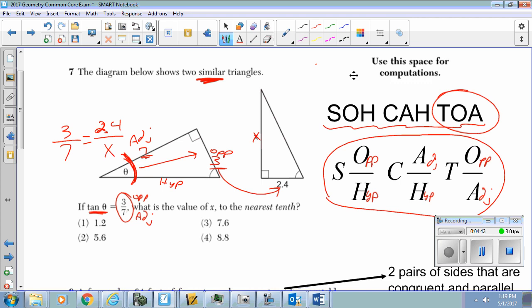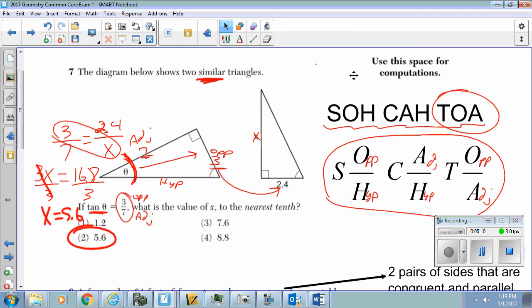And there are a number of other proportions you could set up, but this is one of them. So we're going to set this up, and we're going to have 3x is equal to 7 times 2.4. I believe that's 16.8. And then we divide by 3, and you end up with 5.6, right? 5.6. We get x is equal to 5.6. All right? Make sure and write that stuff down.